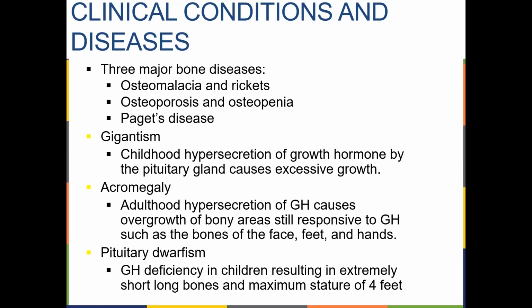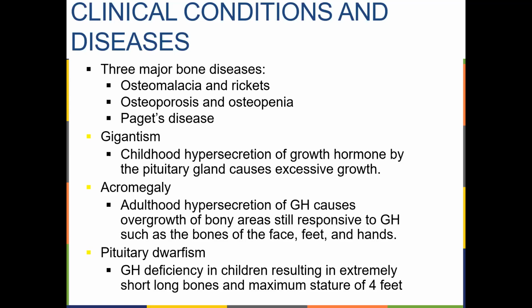Now, a similar condition that occurs in adulthood is called acromegaly. Now in acromegaly, the pituitary gland starts secreting growth hormone, but after the growth plates are closed. So we're at our adult stature. You know, you're 6 feet tall or whatever.